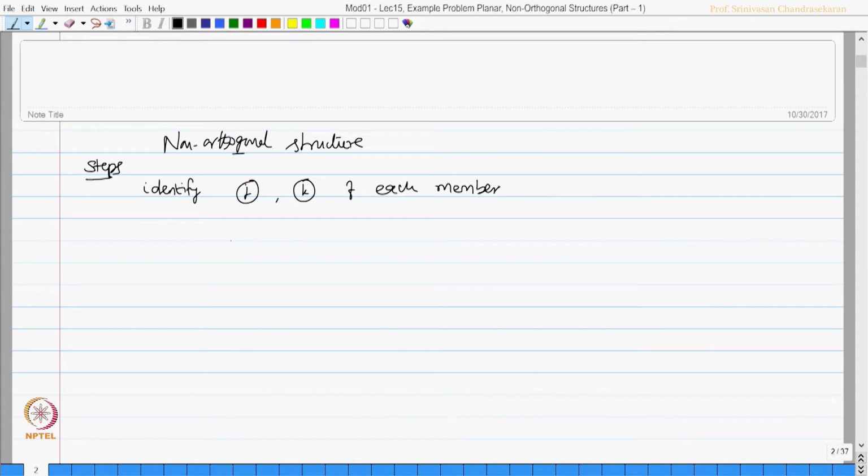Identifying Jn, Kn is actually locating the xm, ym axis, which we call the local axis of each member. While doing so, please understand that xm should be facing towards the positive length of the member and ym axis should be anti-clockwise 90 degrees from the xm axis. Locate the j and k end of each member.